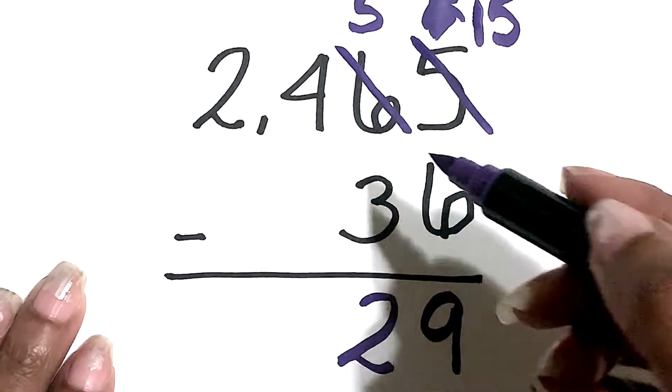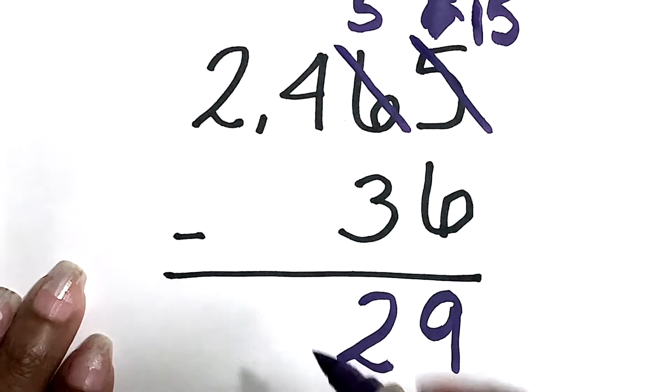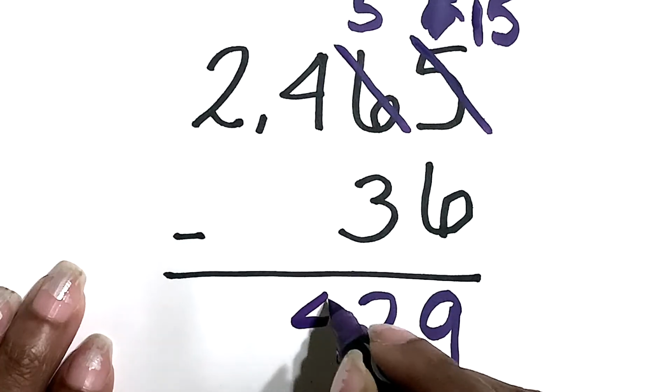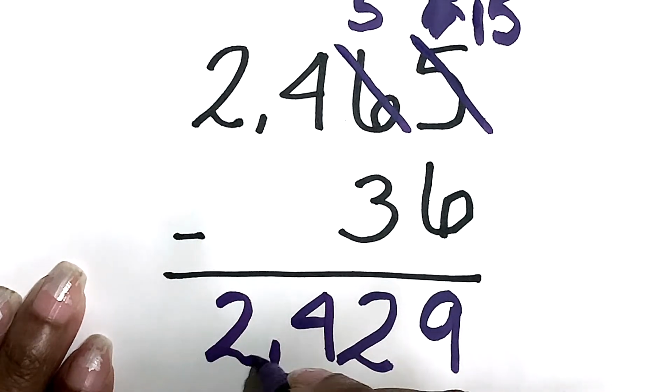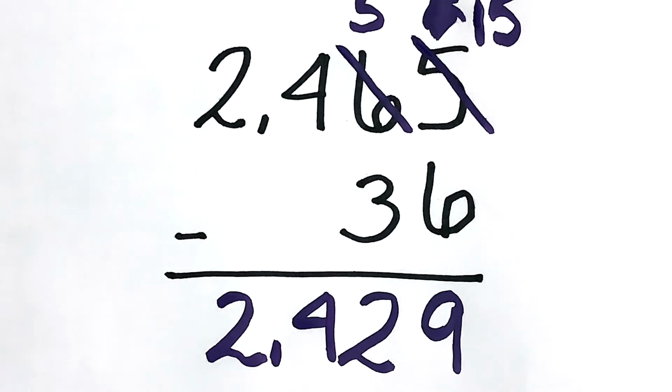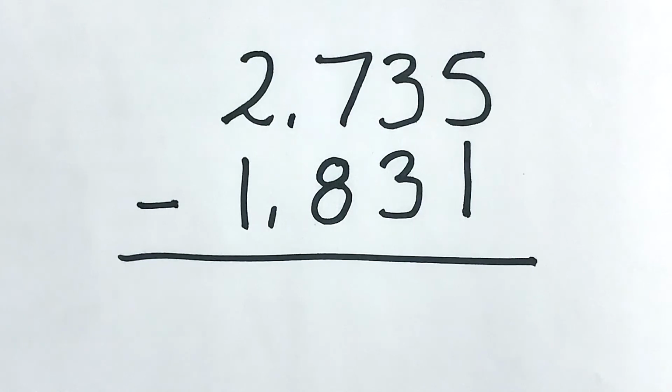And because there's no numbers at the bottom of 4 and 2, we're going to bring those down. So 2,465 minus 36 is 2,429.